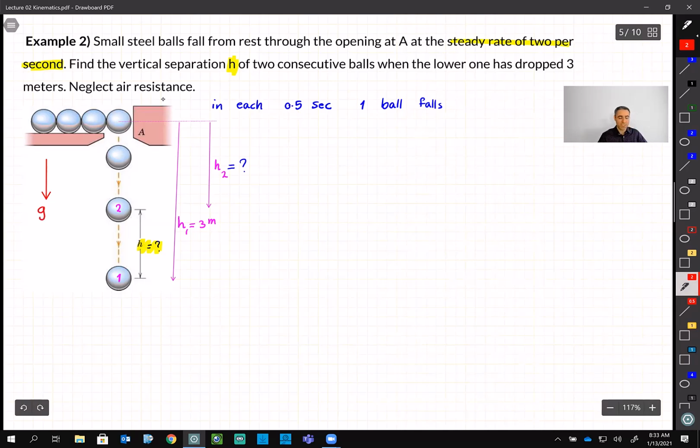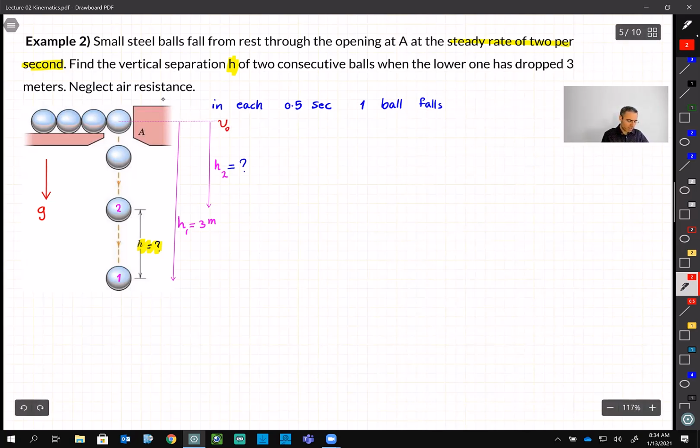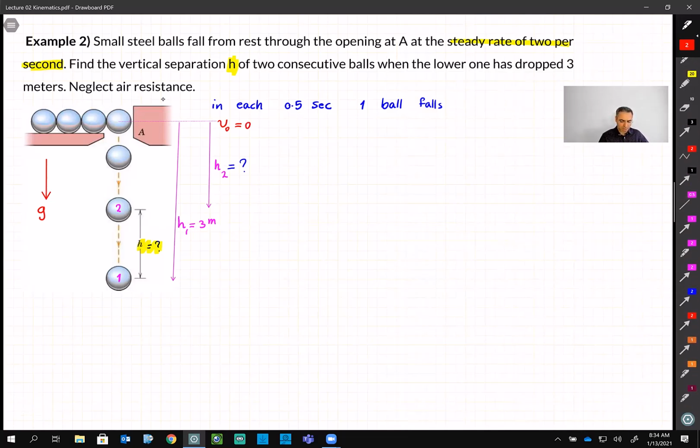What else do we know? What is our initial velocity? 0. Why? Because it falls. Whenever a problem says something is falling, immediately you say that V0 is 0. So we should be good to go then, right?